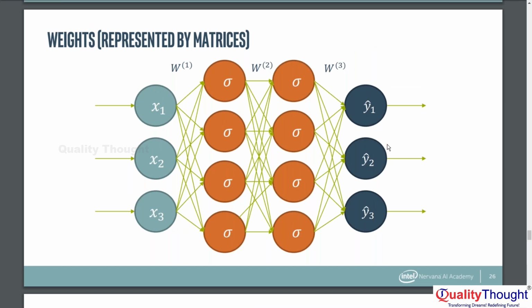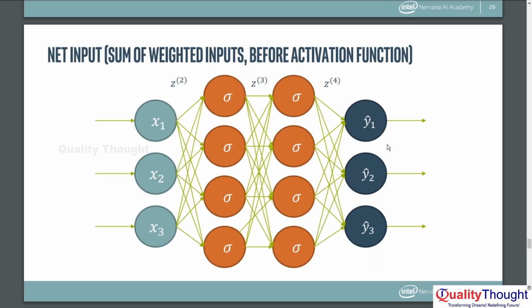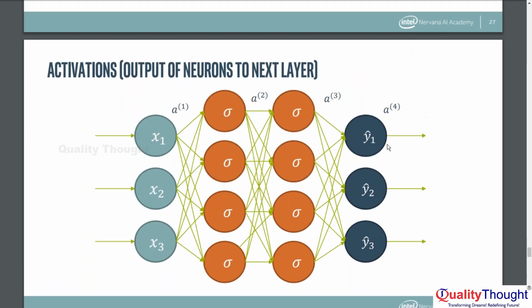So here, the net input is the sum of weighted inputs before the activation function. Before you apply an activation function, there will be some net input. Then we have something called the activations, which become the output of the neurons and carry the activation values to the next layer.